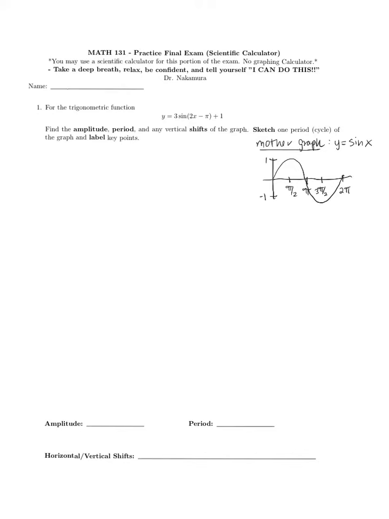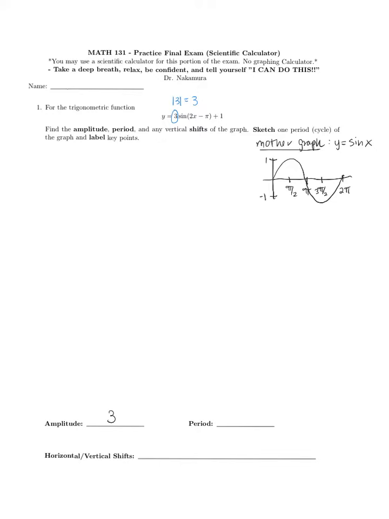Now the amplitude is nothing but the absolute value of the coefficient on your sine. So in this case, absolute value of 3 is just 3. So that's going to be our amplitude. Meaning the height of the mother graph is going to go from 3 to -3.